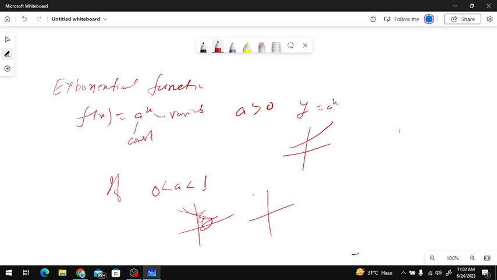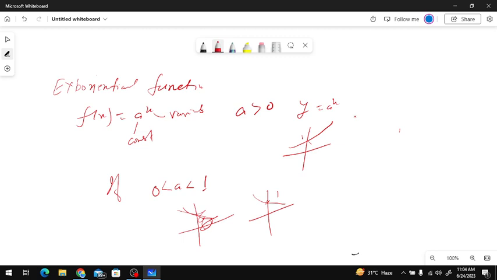So this is the intercept at 1, and similarly here it will intercept at this one. When the base is 1, the exponent means nothing, so it is taken out altogether, so don't worry.